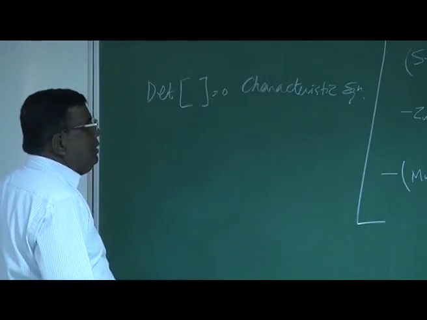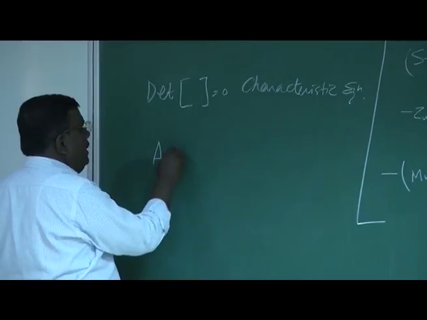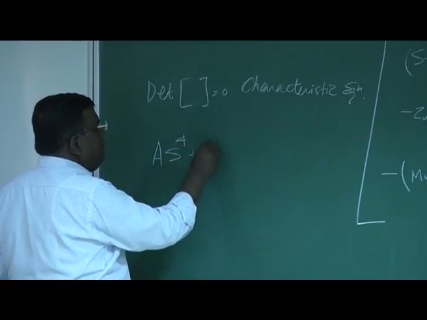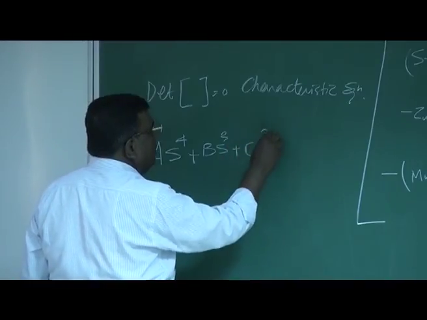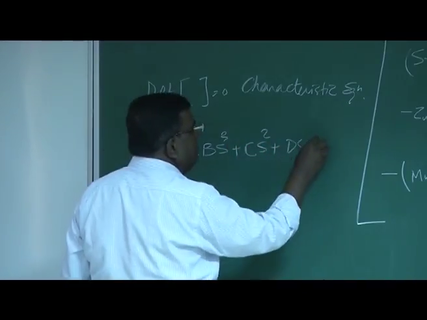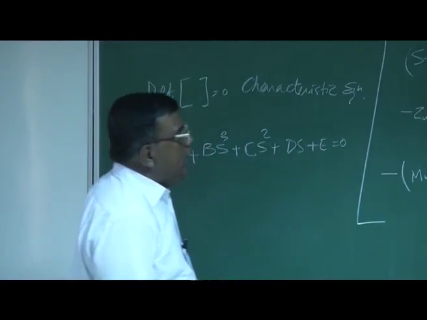So what is the determinant? If I take the determinant, I will get the equation in this form: a s to the power 4 plus b s cube plus c s square plus d s plus e equal to 0. Do you see what I mean?